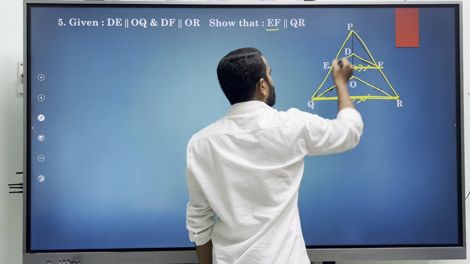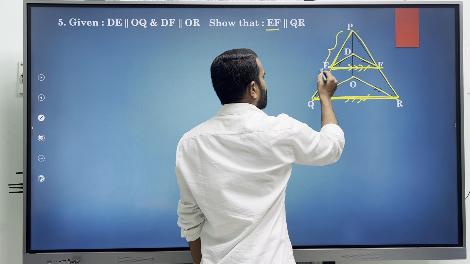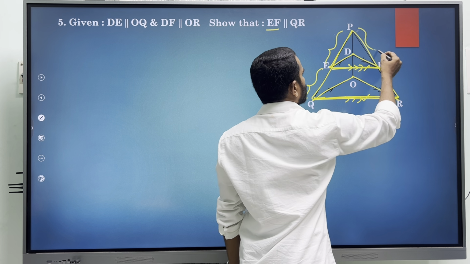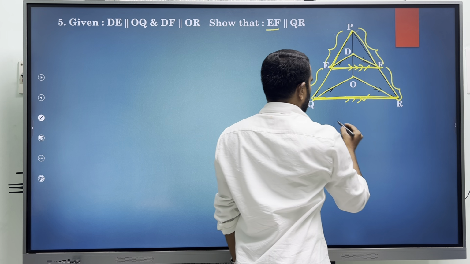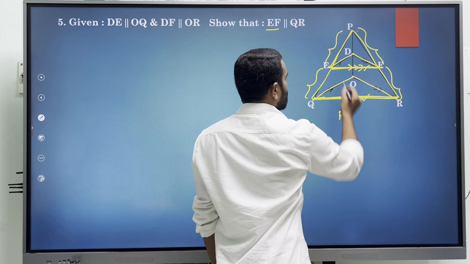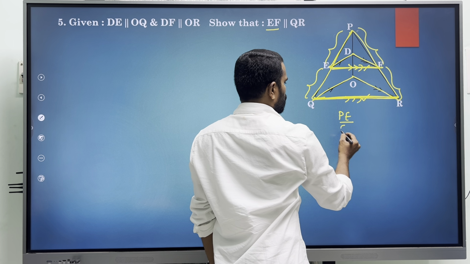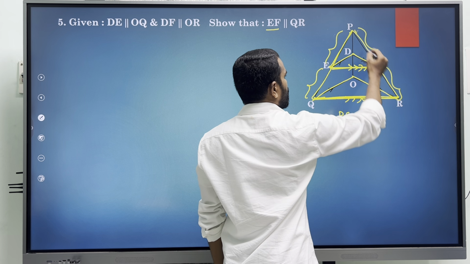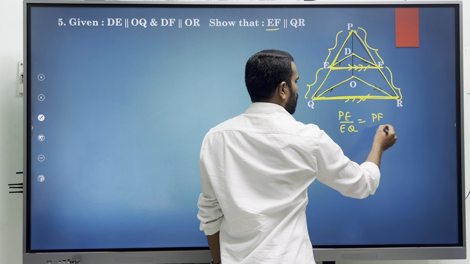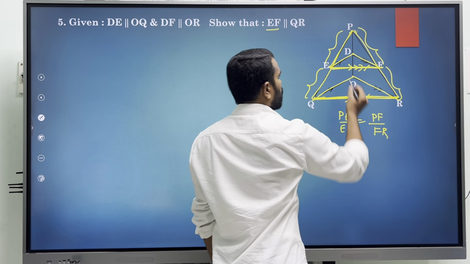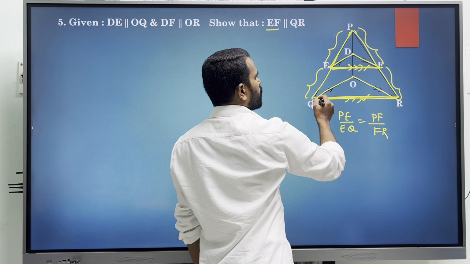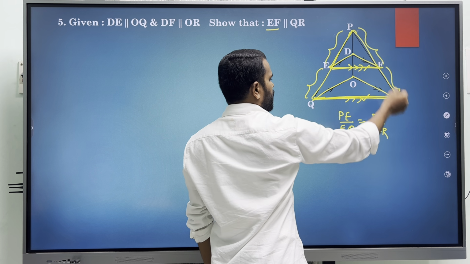This triangle. In this triangle, PE by EQ should be equal to PF by FR, right? PE by EQ equal to PF by FR.